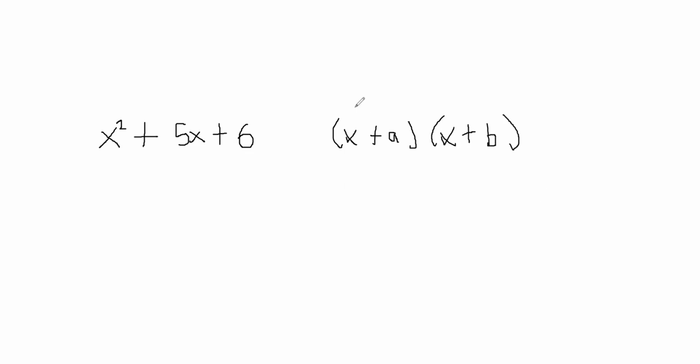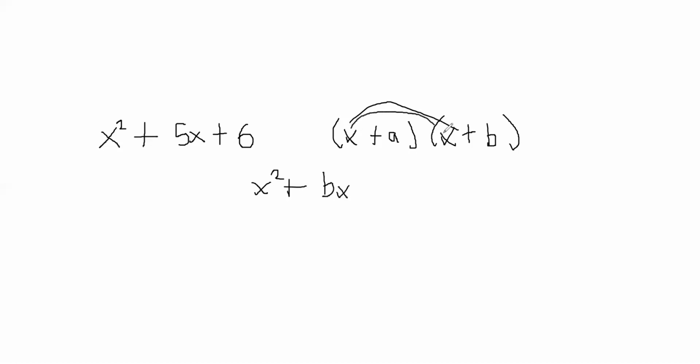Fair enough. If you remember how to FOIL out these two expressions and actually multiply these out, you should end up with a quadratic equation with a and b as your numbers. So let's go ahead and do that. x times x would be x squared. And then x times b would be bx, right?